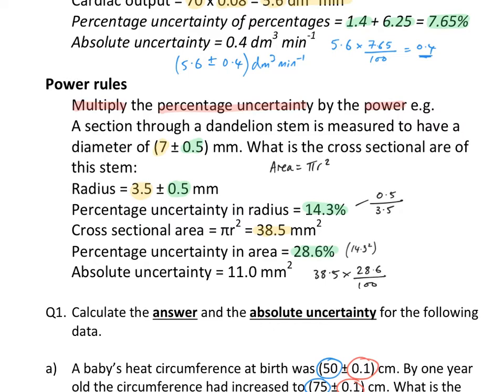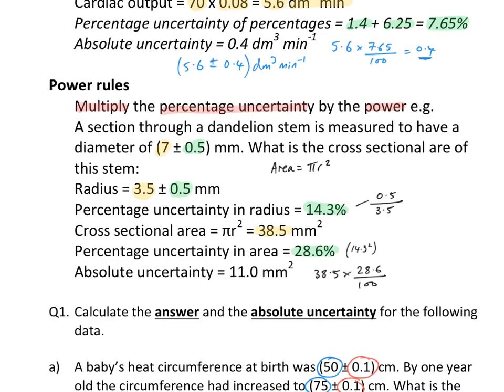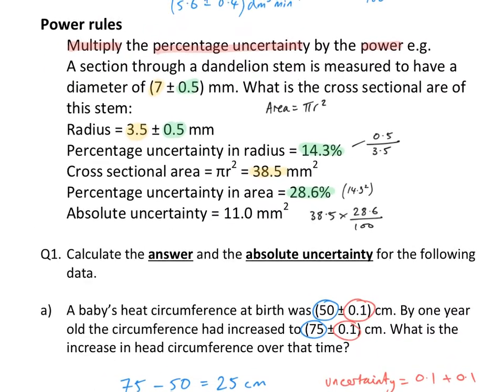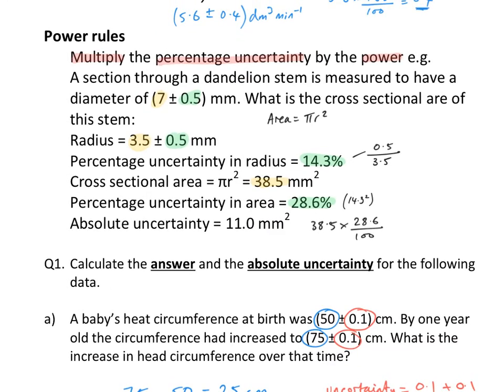So let's do it, 28.6 divided by 100 times 38.5. Yes, 11 millimeters squared. So again, the answer that I would give is the area equals 38.5 plus or minus 11, and that's all in millimeters squared.